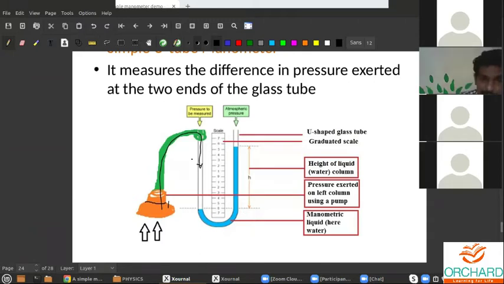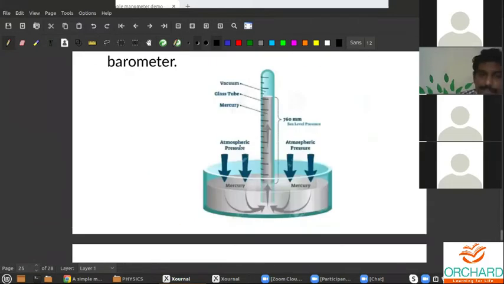And this is the diagram of a mercury barometer. It contains a trough of mercury, and this is the glass tube, and you have to keep it upside down, just like a test tube. It also contains a capillary tube inside, just like a thermometer.